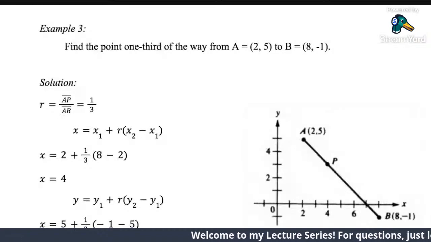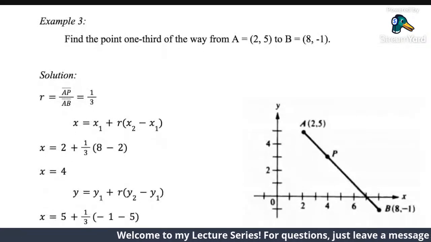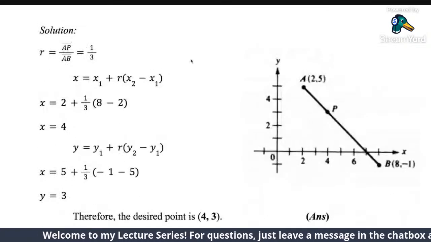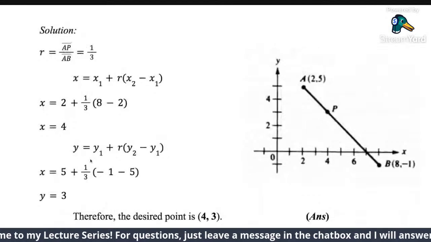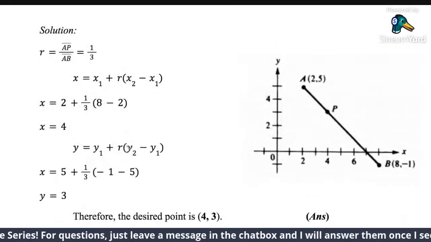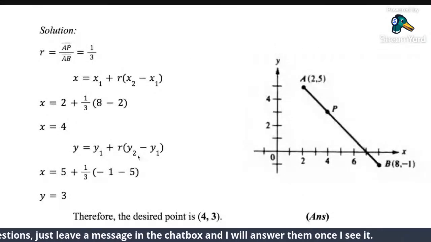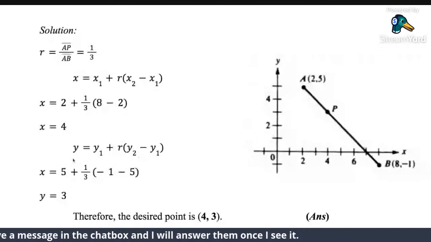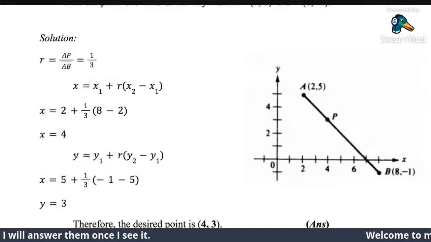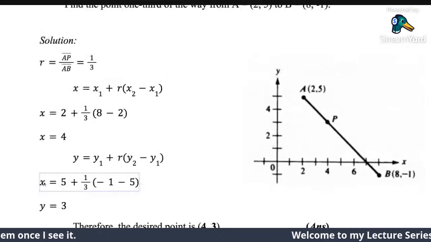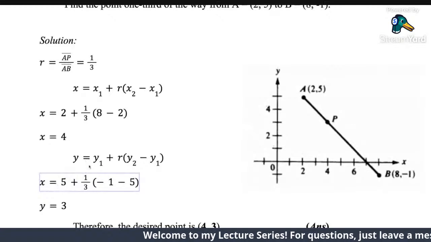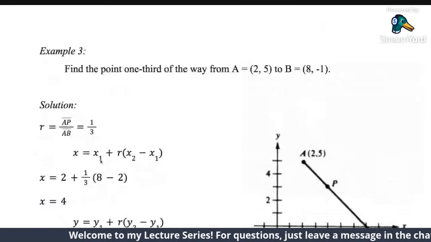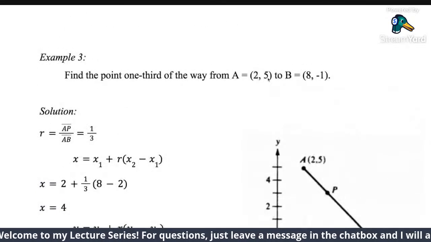Now we need to find the y coordinate. So we'll do the same. We use the formula in the given theorem. So y is equal to y sub 1 plus r times the quantity y sub 2 minus y sub 1. So from the given, we know that, sorry, this should be y, not x. So y sub 1 here is 5. Ito yon, di ba? X sub 1, y sub 1.